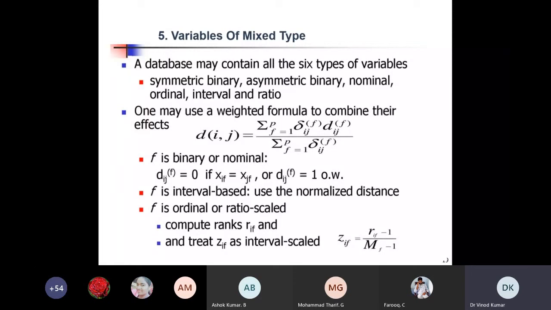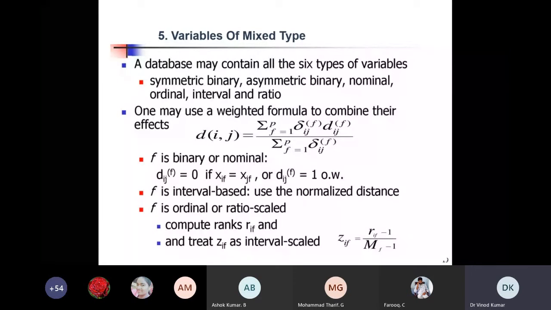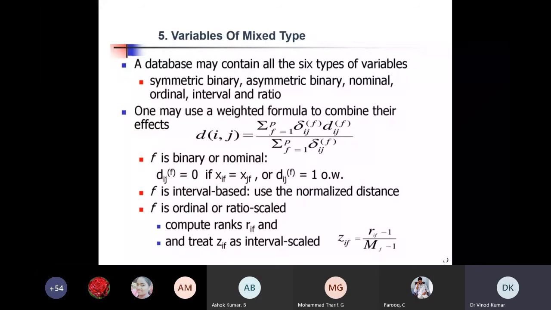Generally in clustering it is very rare that we have only one type of variable. In real life examples of clustering, we get variables of mixed data types. So we combine all those features that we discussed to address variables of mixed types.